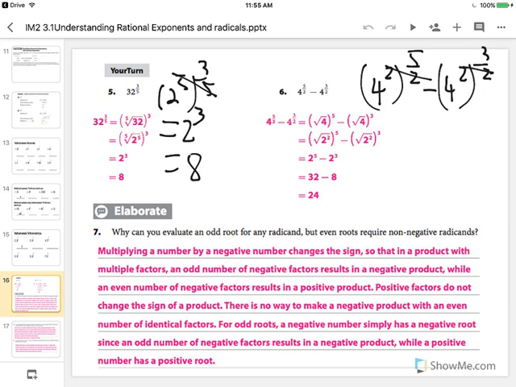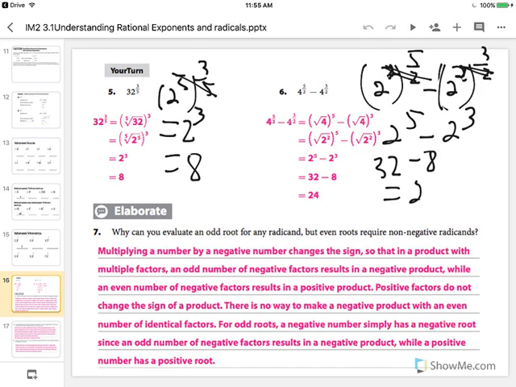So we have four to the, oops, my mistake. Let me change those 4 into a 2. So that's cancelled. So 2 to the 5th power minus 2 to the 3rd. So this gives us 32 minus 8. So the answer is 24.